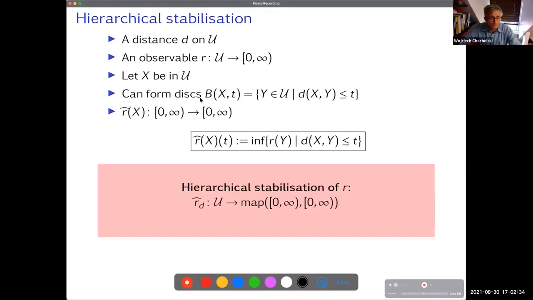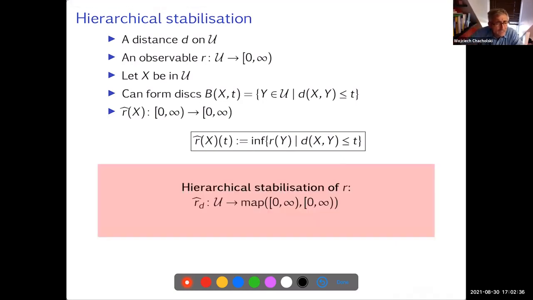So we call this assignment, which assigns to a representing object this function, a hierarchical stabilization of R. So we use the geometry induced by this distance on U to represent these representing objects by functions.